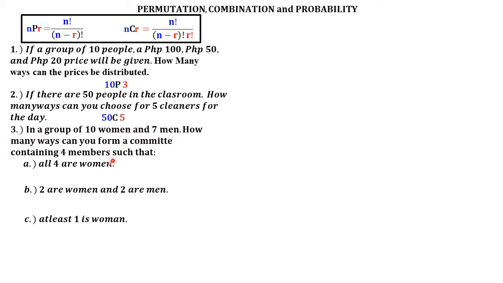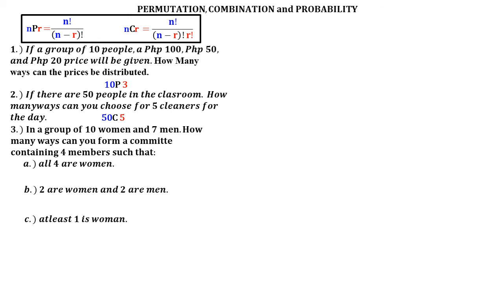Since pare-parehas naman sila ng trabaho, regardless kung ikaw ang unang mapili or ikaw ang last na mapili, you are still a committee. So, pipili sila ng 4 na committee. So, this is a combination problem.